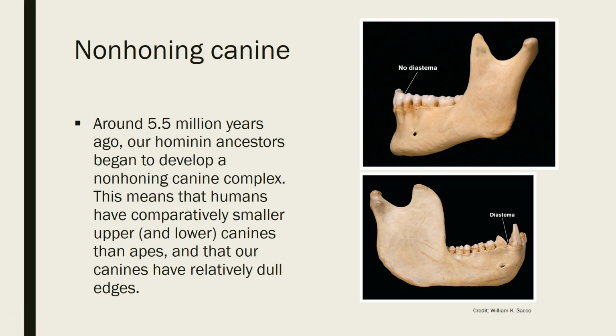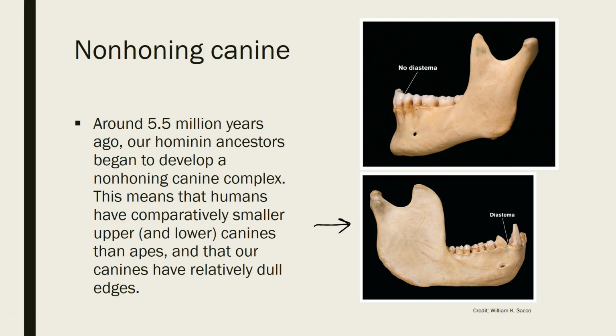The second big event of human evolution was the development of the non-honing canine. As you see from the image in the bottom right, apes have large projecting canines for slashing food, and a diastema in the lower jaw to accommodate them. They have what is called a canine premolar honing complex, which functions to sharpen or hone their upper canines.